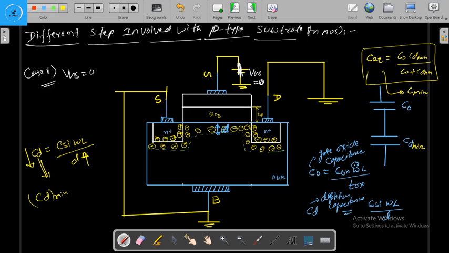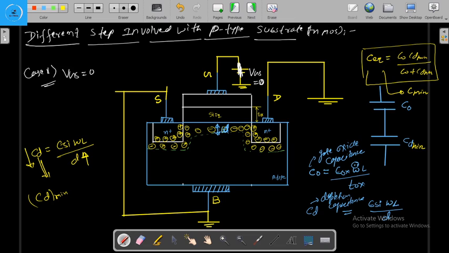In this region, the depletion layer will exist near the SiO2 interface, having width or depth d, and this is called the depletion capacitance, equal to epsilon Si into W L divided by d, where d is the thickness of this depletion region.